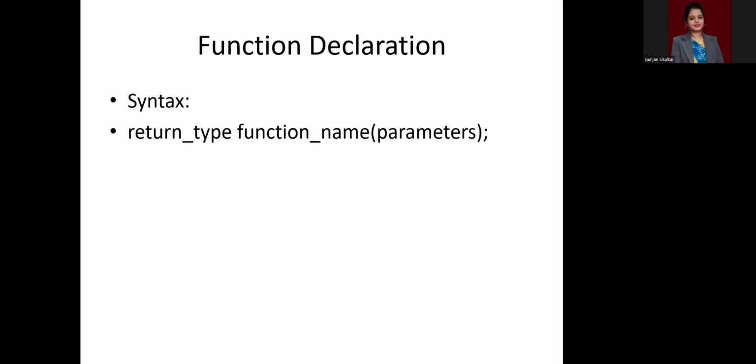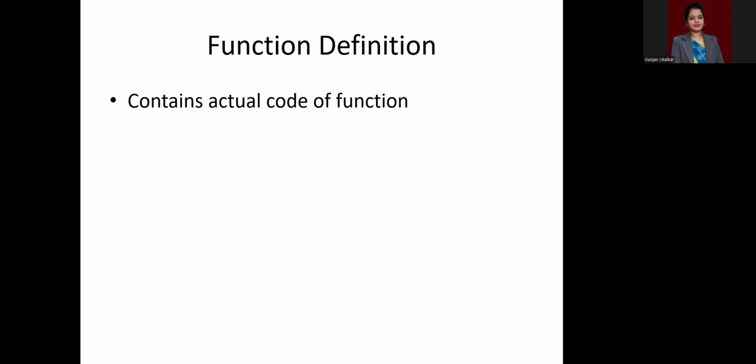This is how a function is declared in syntax: return type, function name, and in brackets the parameters. Function definition contains the actual code of a function. Function call is used to execute a function.